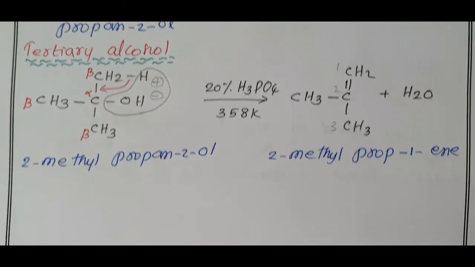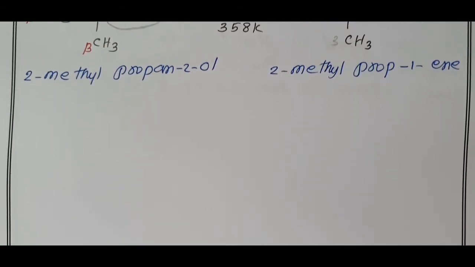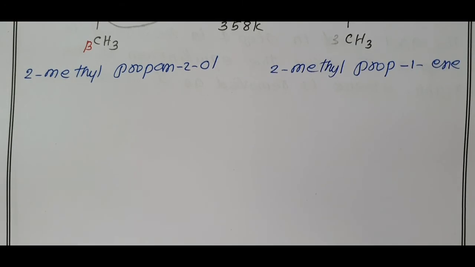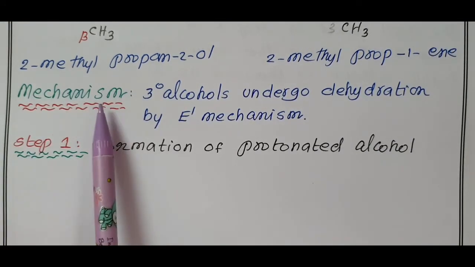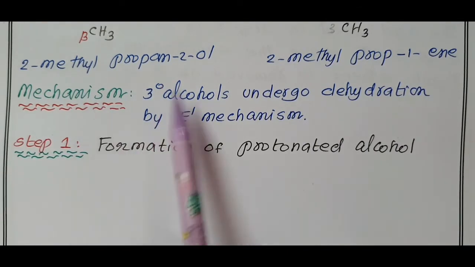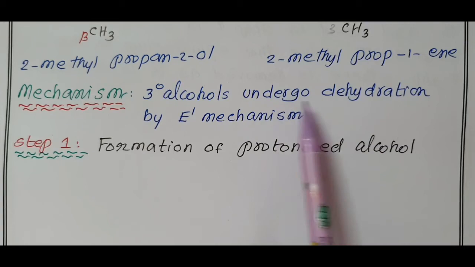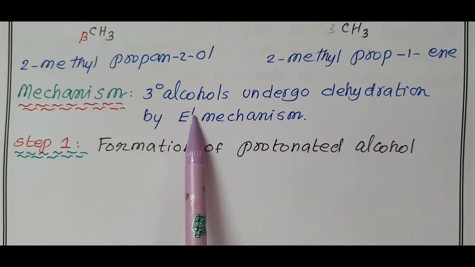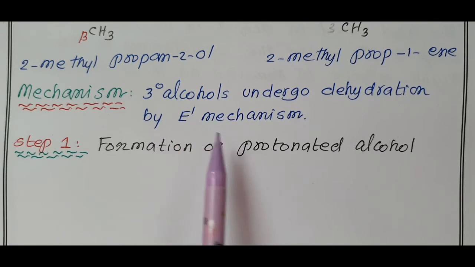Now we are going to see the mechanism of intramolecular dehydration of tertiary alcohol. A mechanism is the stepwise process of a chemical reaction. Tertiary alcohols undergo dehydration by the E1 mechanism, a unimolecular elimination reaction.